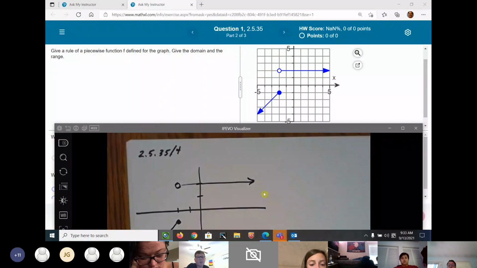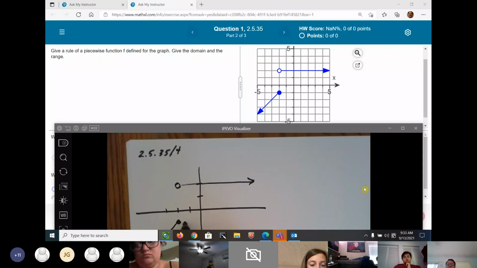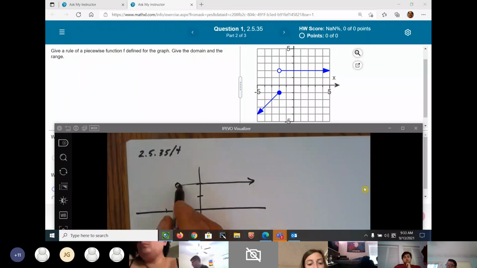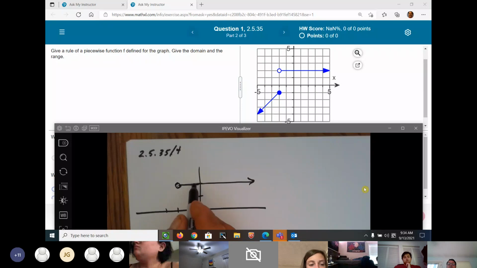Okay, so I've drawn the 2 graphs, and I'm just going to put -3, -2. So this is -3, -2, and this is -2, -1. And this is y is equal to 2.